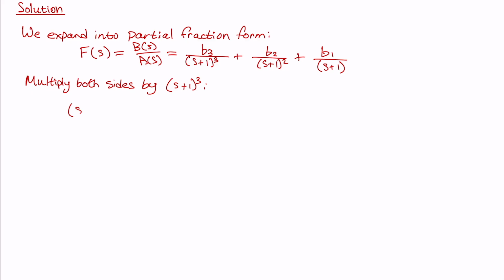So we'll get (s+1)^3 times B(s)/A(s) equal to b3 plus b2 times (s+1) plus b1 times (s+1)^2.